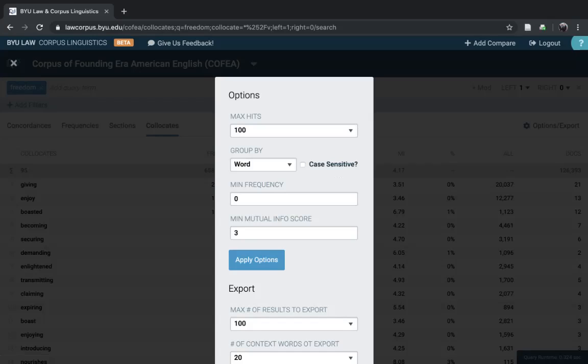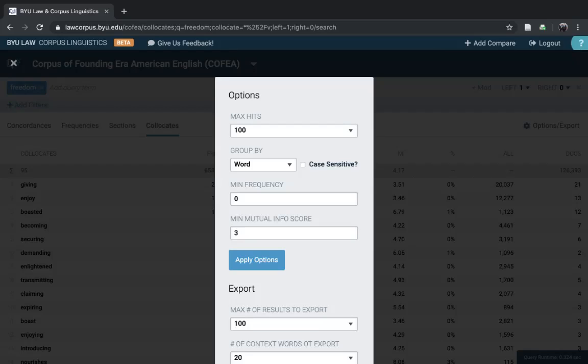Sometimes it will be useful to turn the mutual information minimum score off, for instance, when you're dealing with an infrequent linguistic item and you want to make sure that the interface displays all of the possible collocates, not just the ones with a strong relationship. But for many searches, a minimum mutual information score helps us see only the important information. It sorts out all the fluff, all the stuff we don't really care about.